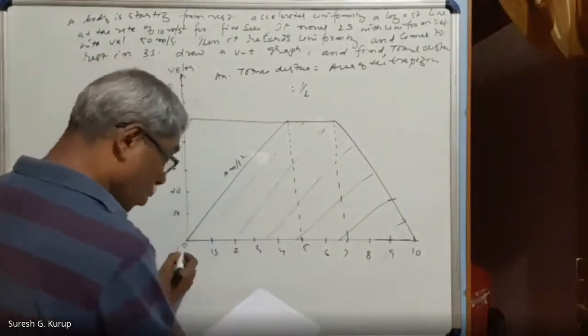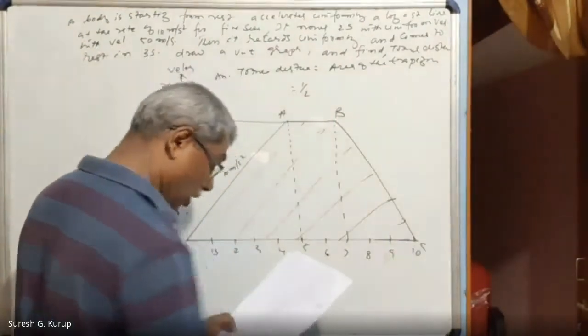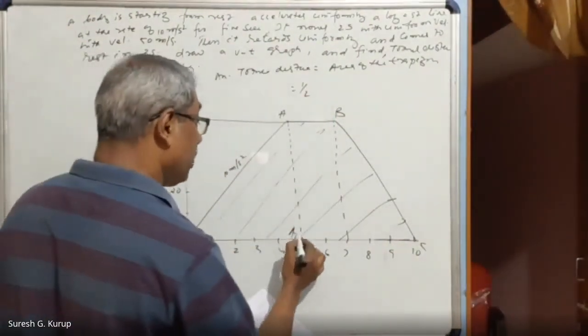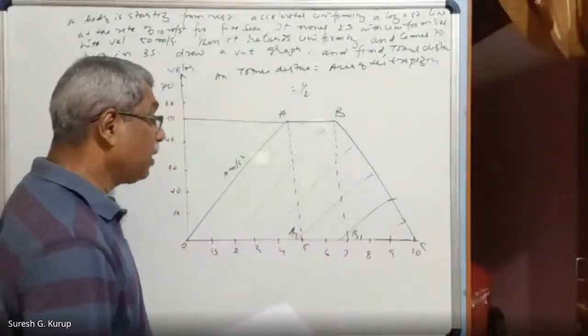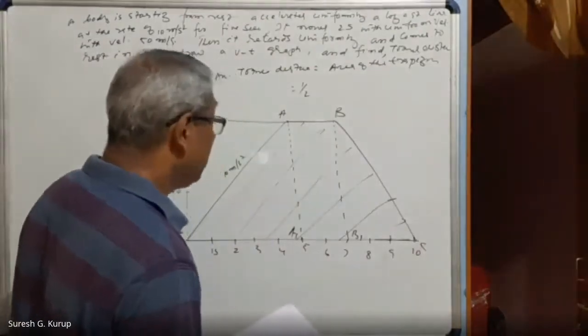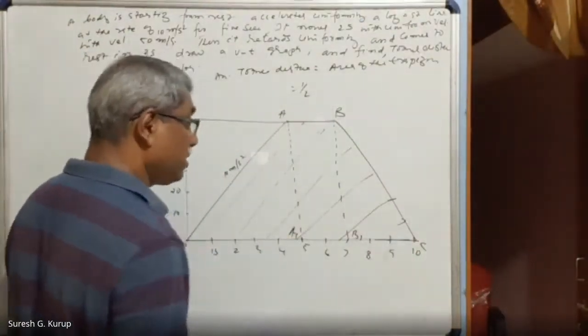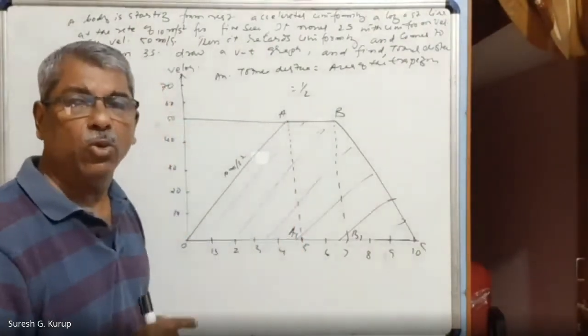Suppose this is O, and this point is A, this point is B, this point is C. This point is A1, and this point is B1. AB and OC are the parallel sides, and AA1 is the height, the distance between the two parallel lines.